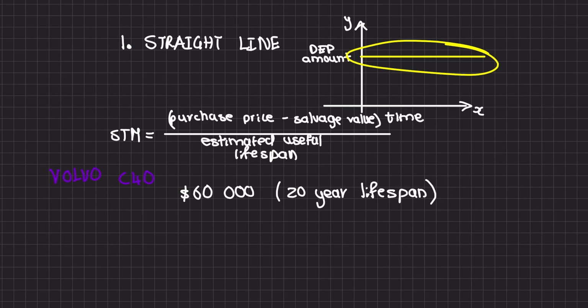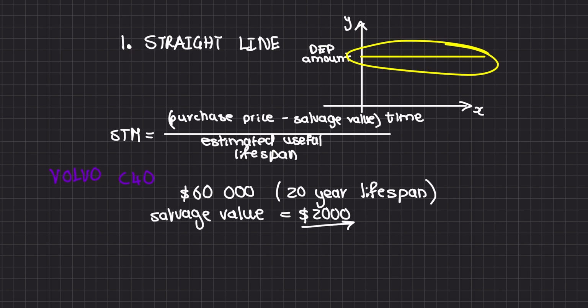They also tell me that the salvage value after those 20 years is equal to about $2,000, meaning that after 20 years and around 200,000 miles, I can still get $2,000 for it. That is the minimum salvage value, also known as the residual value.